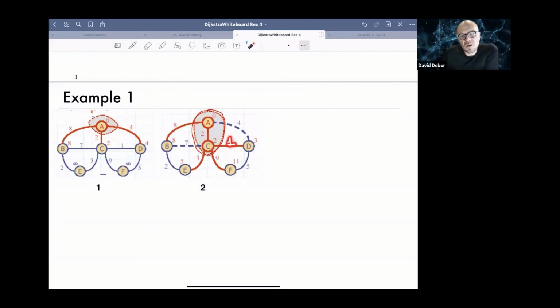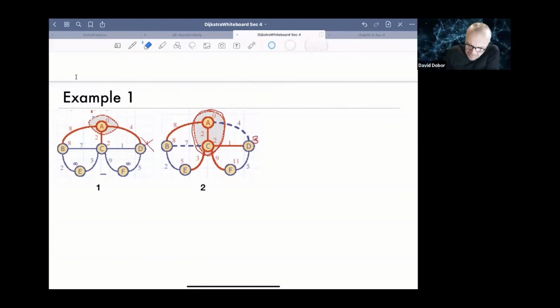So now the cost of getting to C was 2, and now I have an additional cost of getting to D of 1, for a total cost of 3. So what we do is we erase that 4 and make it a 3.